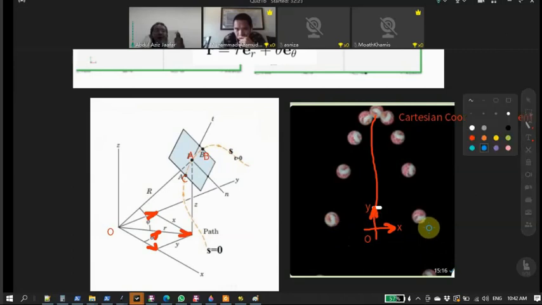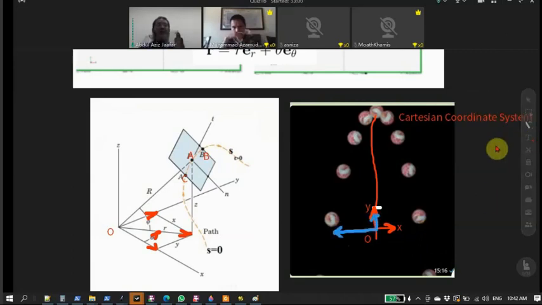Now, if we want to write in the polar coordinate system, we have a different notation. So we have R there. Let's say I'm going to go to another location. This one is R, and then this is the value of theta, right?